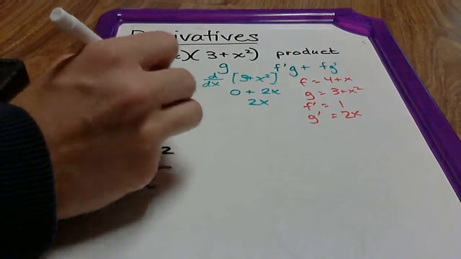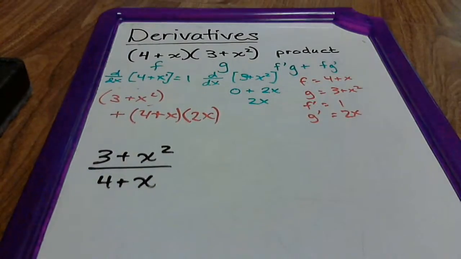I thought that looked a little weird. So then that would be your derivative. You can simplify it if you want, but it's really not of that much importance to simplify.